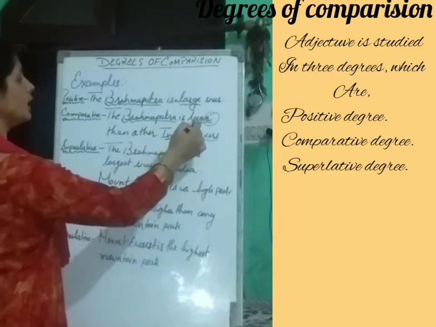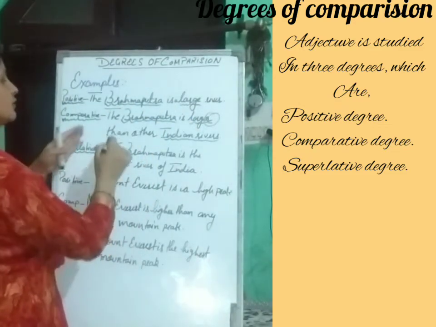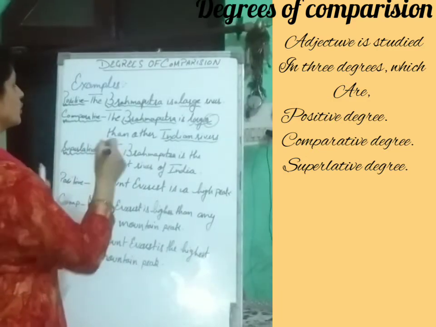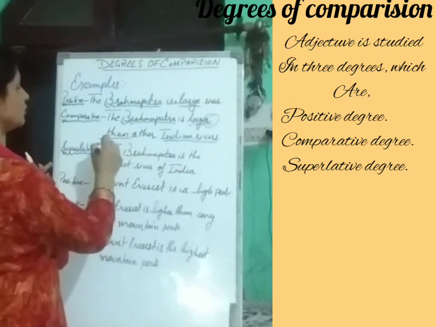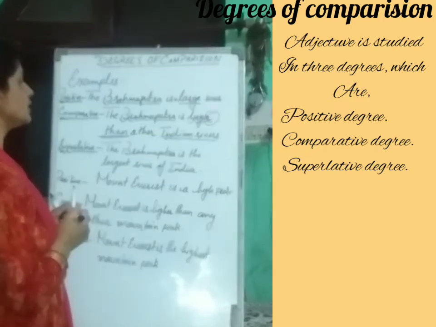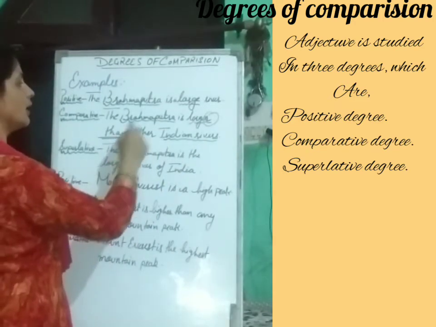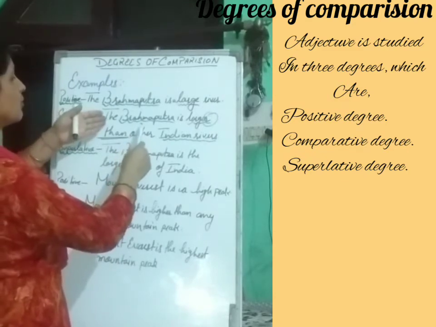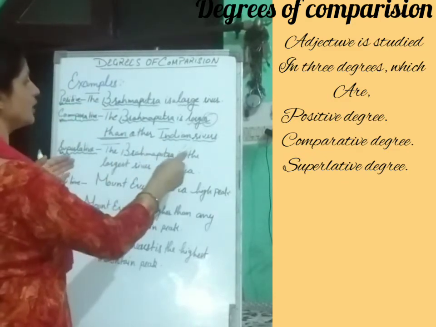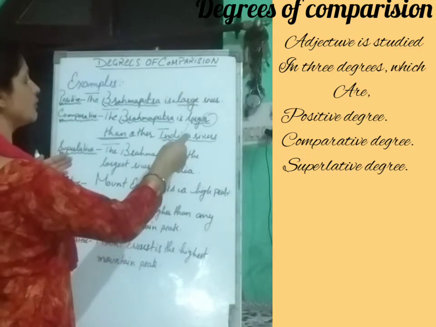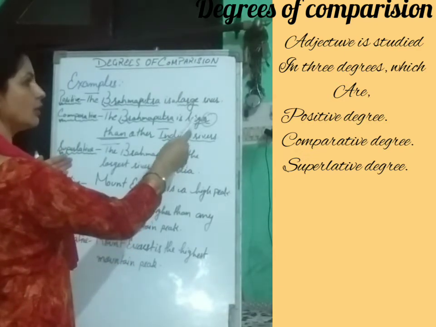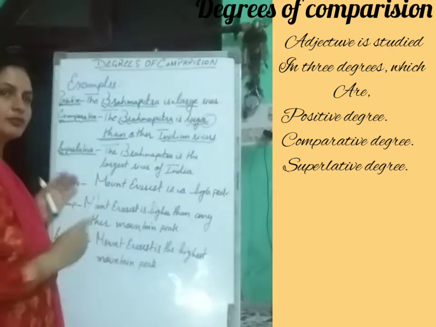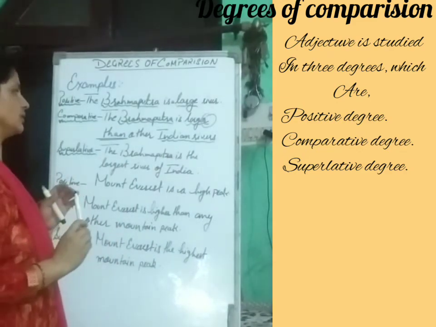After that adjective we have used than, which is very, very important. You have to remember that you have to write than after the adjective. So we have compared this Brahmaputra river with other Indian rivers, and for comparison we have to use the adjective, add a suffix, and after that use than with it.